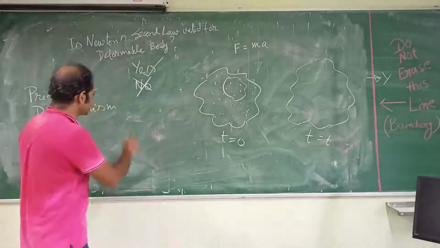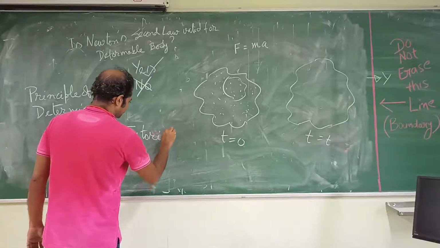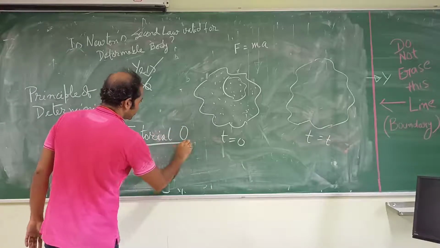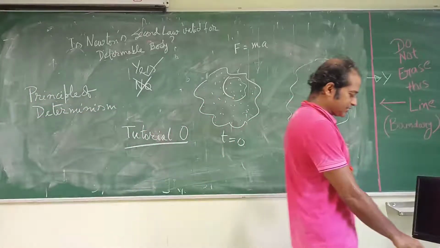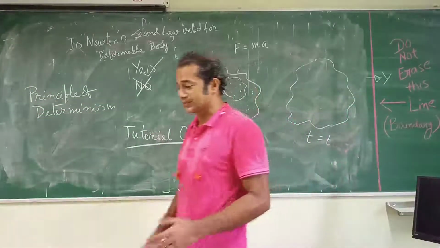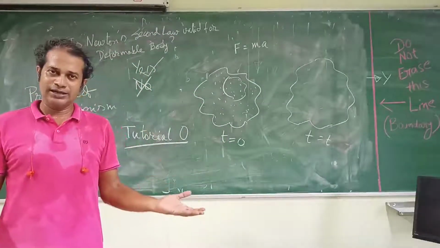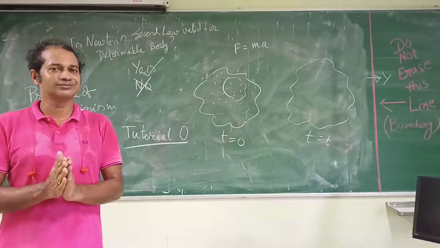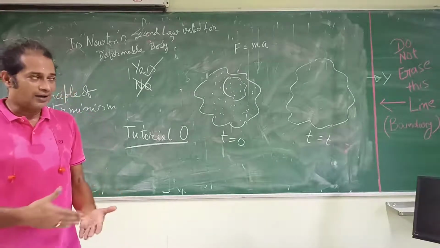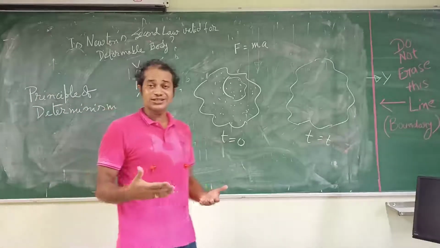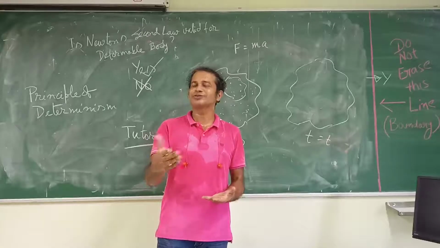Okay, so tutorial 0 is all about that. Please try to understand that the principle of determinism is saying that Newton's second law is valid for the whole body and any part of the body. As a result, for dynamics, we are interested in predicting the motion of any point within the body.